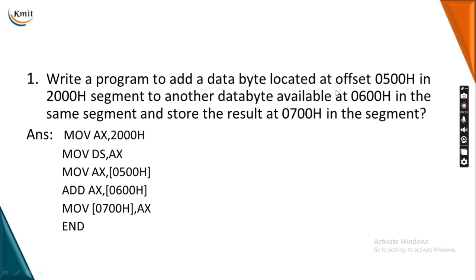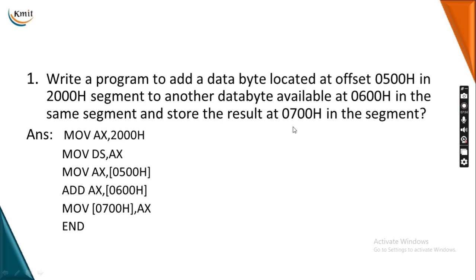It is within a segment address, and in that segment the offset address is 0500, with the segment address 2000. The physical address is 2000 into 10 plus 0500, so totally we get 20500H. Add it to another data byte available at 0600H in the same segment, and store the result at 0700H in the segment. This is the question.